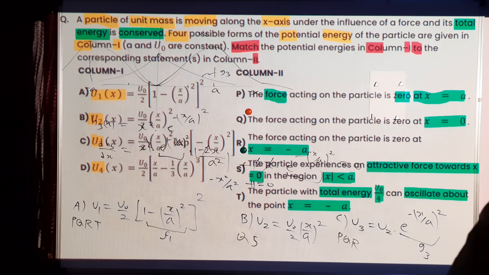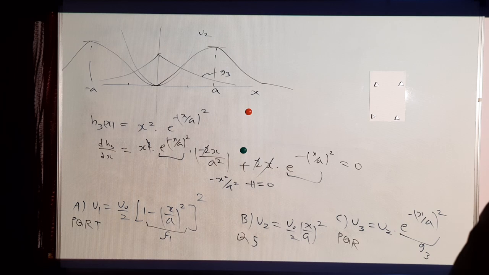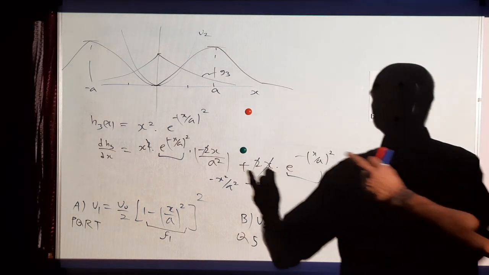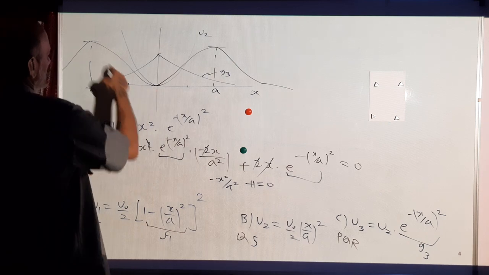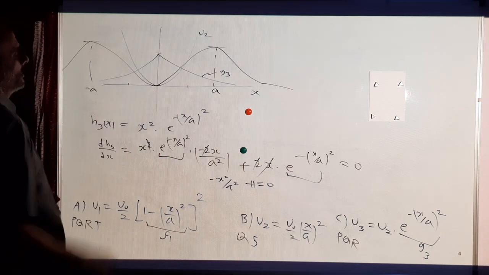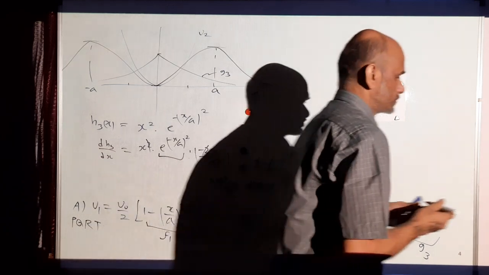And statement S, the particle experiences attractive force towards x equal to 0 between minus a and plus a. That's also true. Between minus a and plus a, the mass will come towards here, and after reaching here will come back. So it oscillates about this origin. So there's an attractive force towards x equal to 0. So PQRS, that's also true.